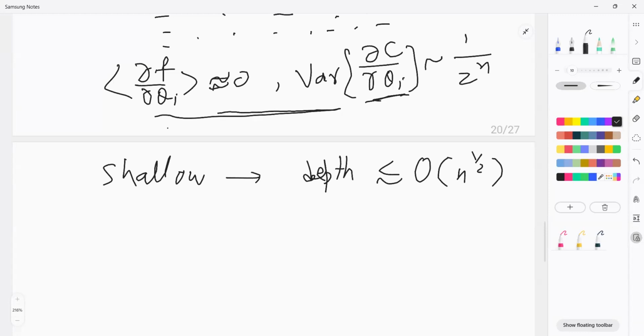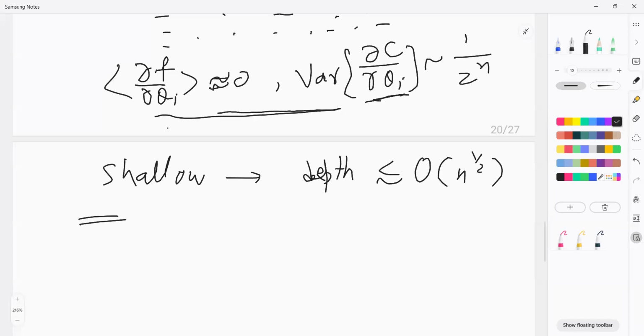Like if you have 100 qubits and your circuit has about 10 layers or maybe less, then it wouldn't suffer from this training pit. So that's one key thing that we have to keep in mind when we are training our variational quantum circuits: try not to go for very deep circuits.